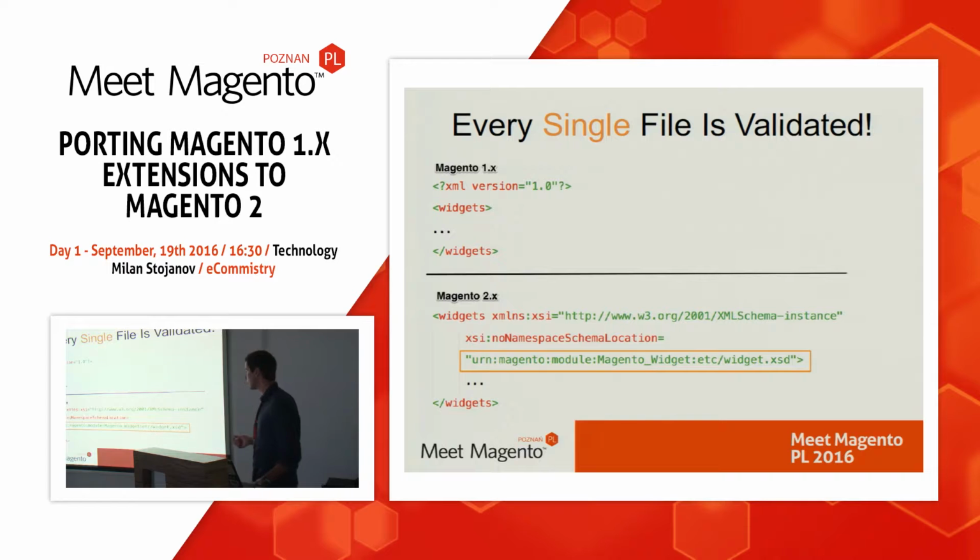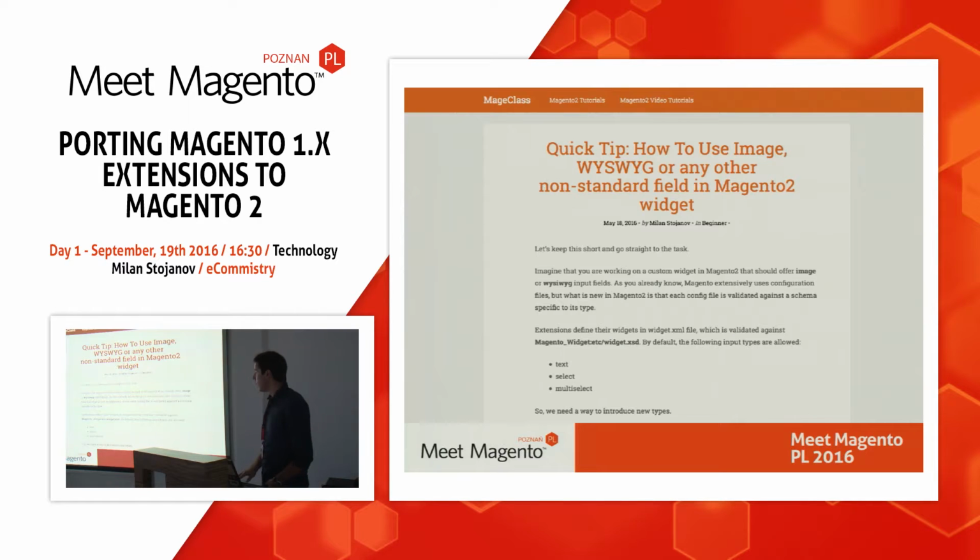So in this case, you need to define your own schema definition file and say that widgets XML in your extension needs to be validated against your schema and not against the default one. If you run into similar kinds of problems, I wrote a blog post that covers how to solve it, so feel free to check it out.